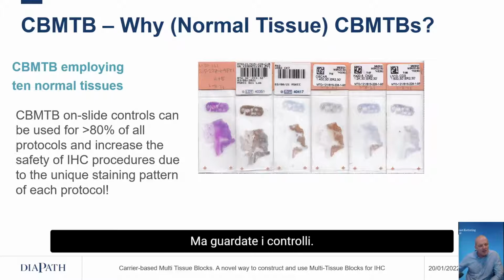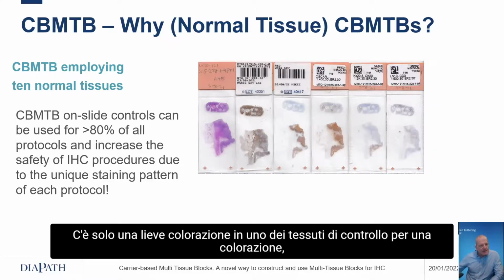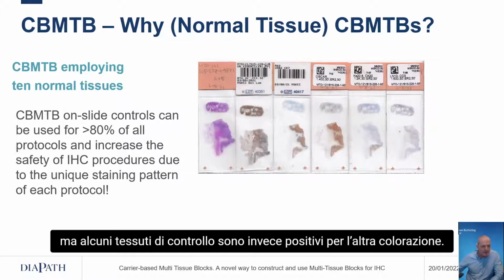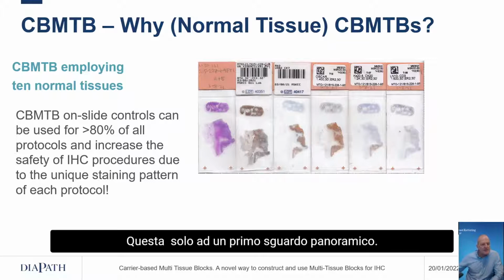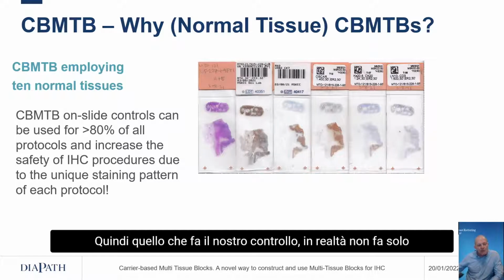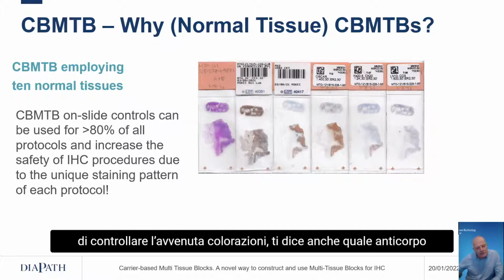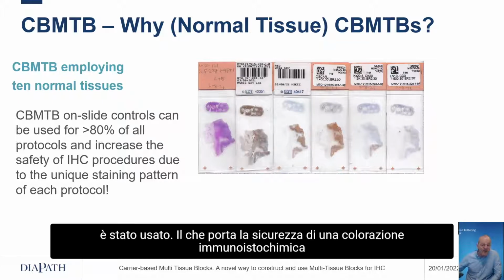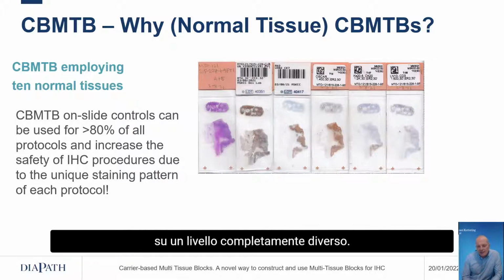But look at the controls. There is only staining in one of the structures of this tissue, which you can't see in the overview, but here you see that several of those are positive. So what our control does is not only control the IHC assay, it also tells you which antibody has been used. And that puts the safety of IHC on a completely different level.